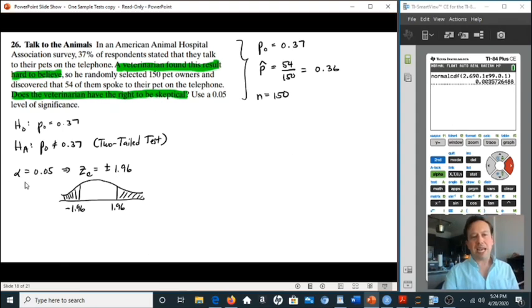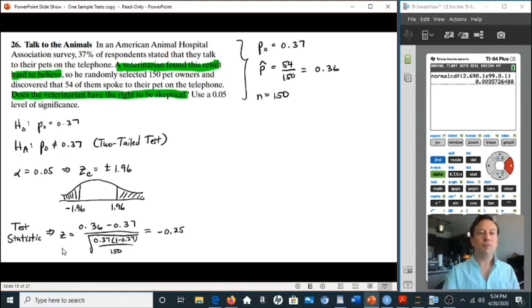Using the table that I gave you with 0.05 and two tails, you use plus or minus 1.96 as our critical z-values. So the two tails represent HA, the middle is H0, and now the test statistic, following the same formula again for proportions, is set up just like this.